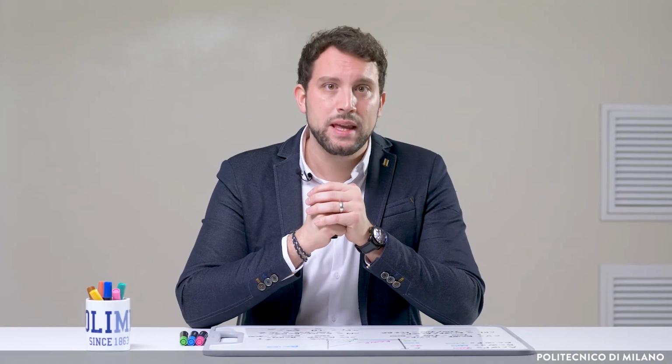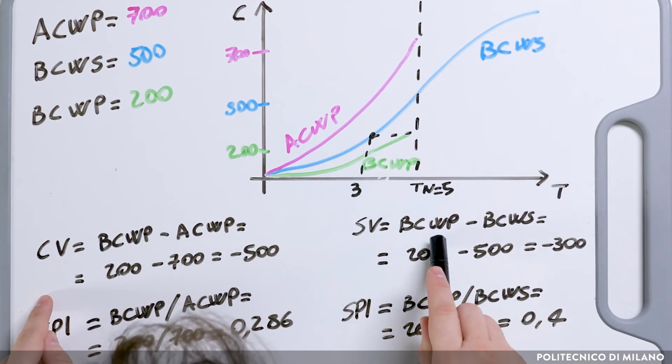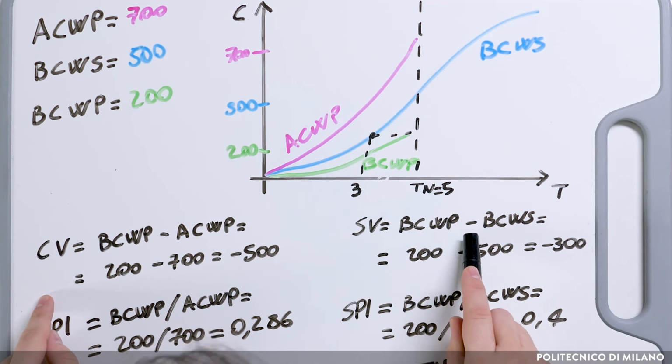One final tip: these formulas are pretty easy, but it's easy as well to mess up with them. There is a very simple trick to remember them. Everything starts with the BCWP. We've got the absolute indicators that start with BCWP minus the curve that is actually considering the performance you're observing.